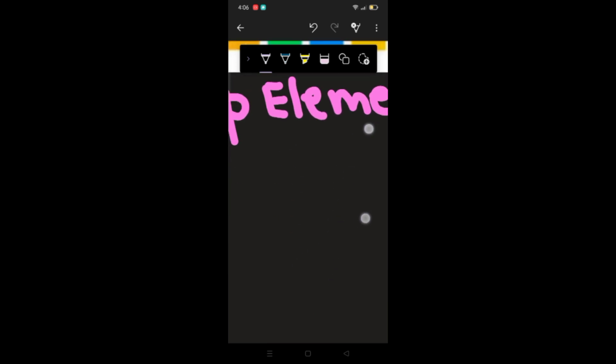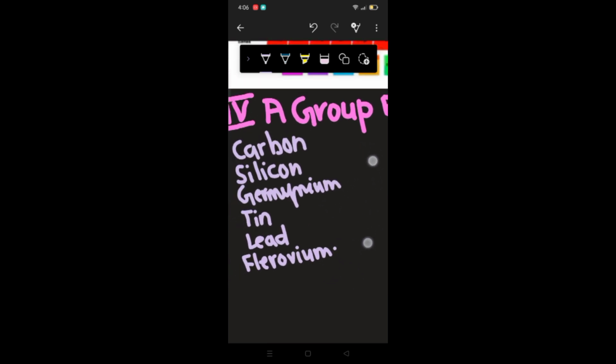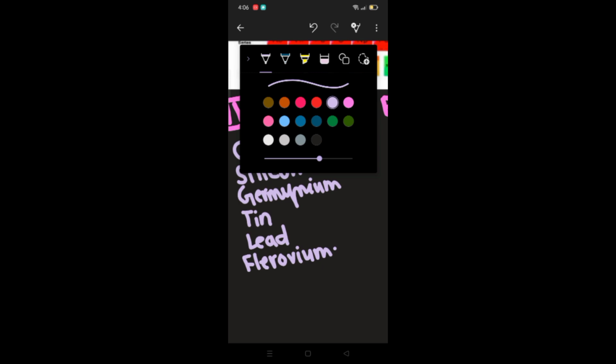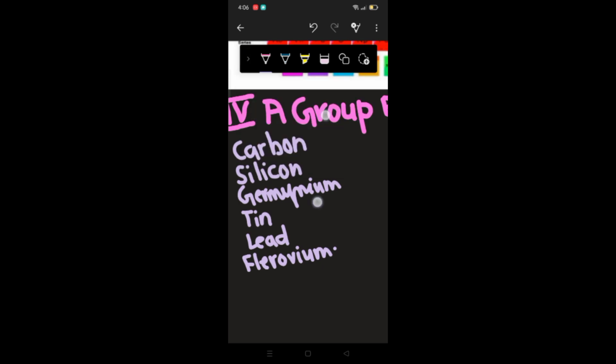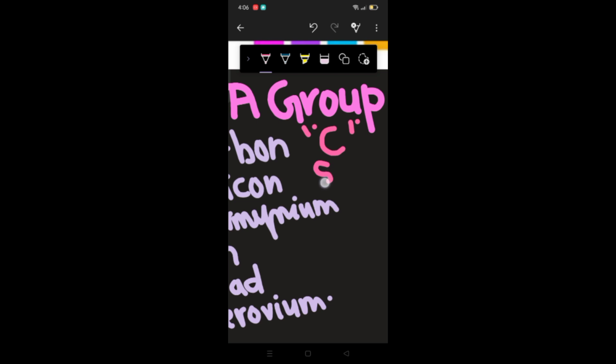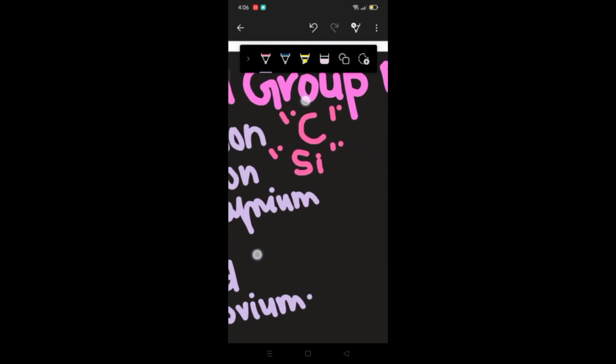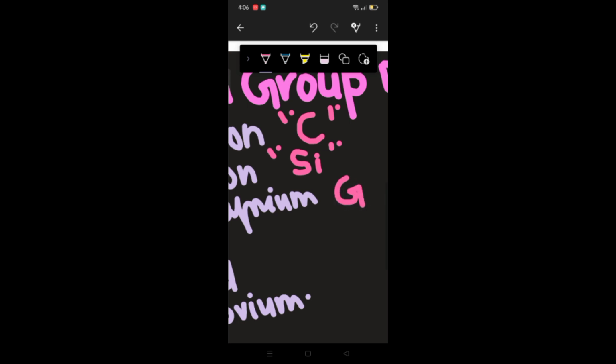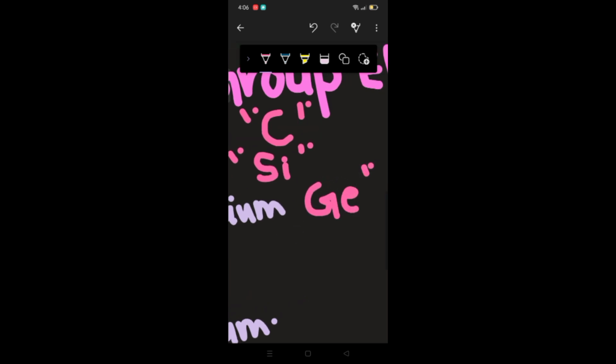So let me write their symbols here down. I am going to write these with this color. Carbon is represented with C. Silicon is represented with capital S and small i. Germanium is represented with capital G and small e.